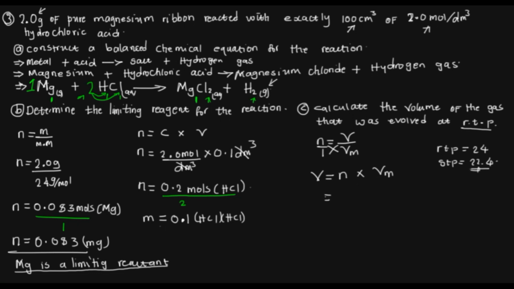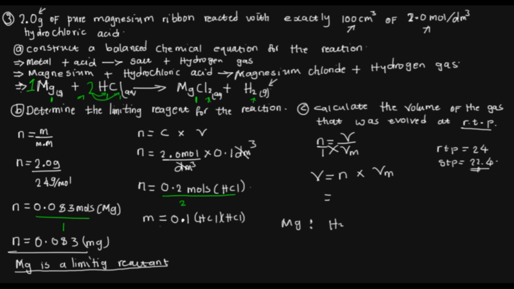Now there is a need to find the number of moles for hydrogen. Since we have the number of moles for magnesium and for hydrochloric acid, we are going to use a mole to mole relationship. Whenever you are trying to find the number of moles of one substance by using the number of moles of another substance, in a case where you're dealing with a limiting reactant, always use the number of moles of the limiting reactant. Magnesium is the limiting reactant, and hydrogen is the one that we are solving for.